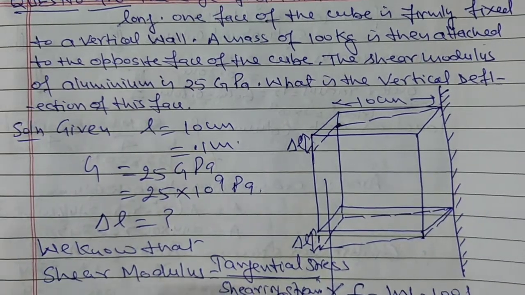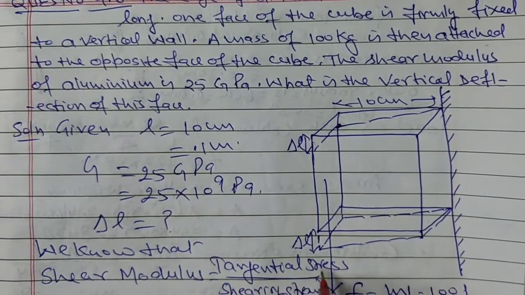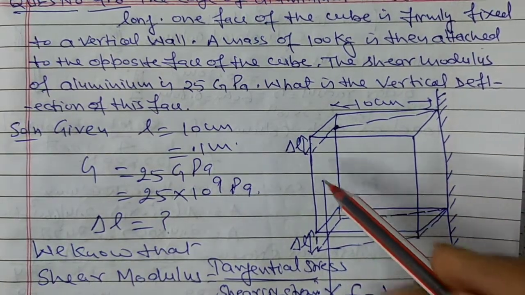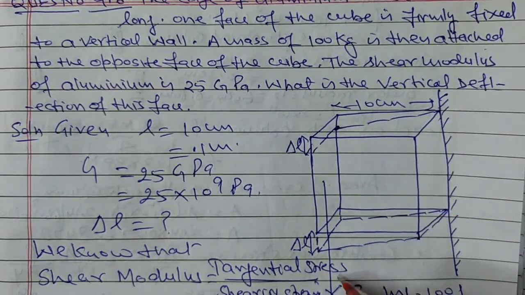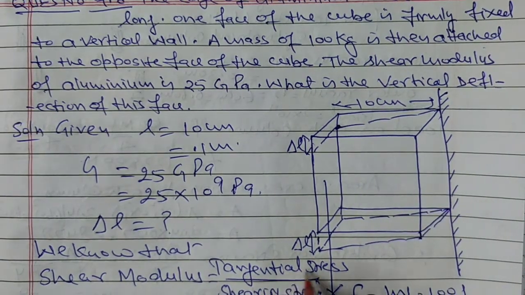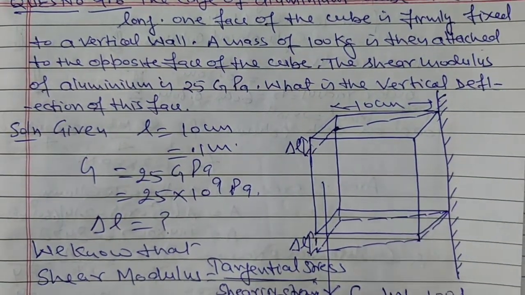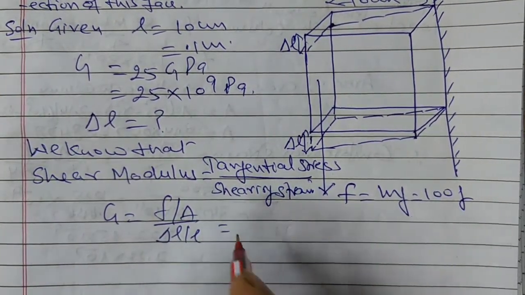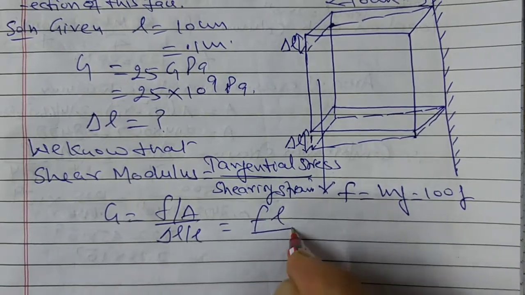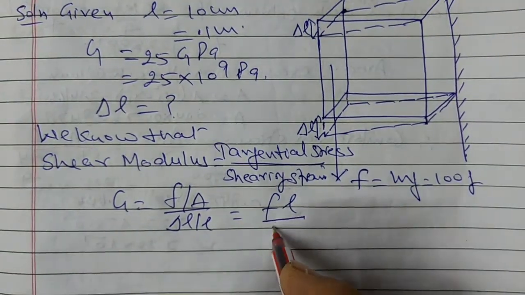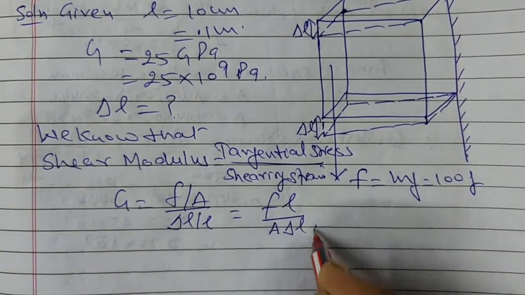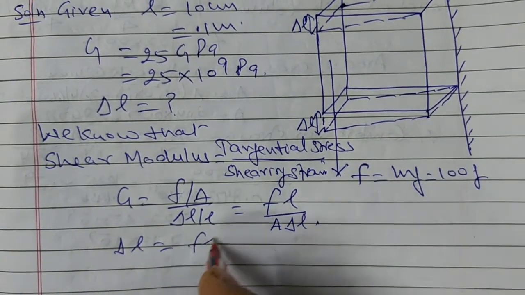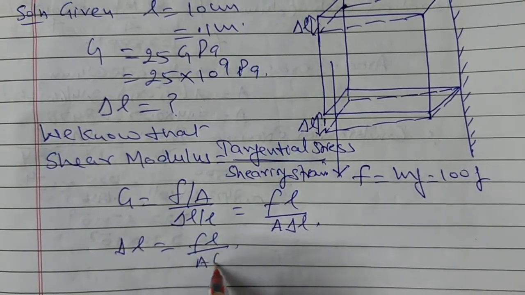Tangential means this deforming force is along the tangent or parallel to the surface of this cube. Tangential stress is equal to force upon area. The shearing strain is delta L upon L. On solving, G equals F into L upon A delta L, and hence this delta L is equal to F into L upon A into G.